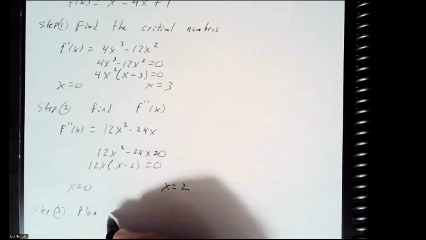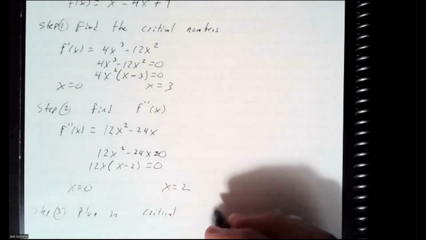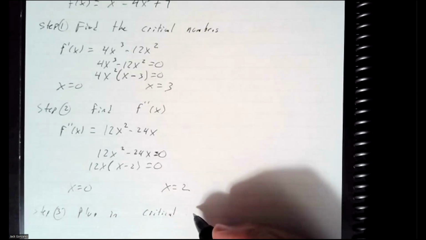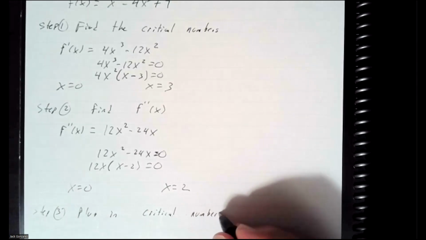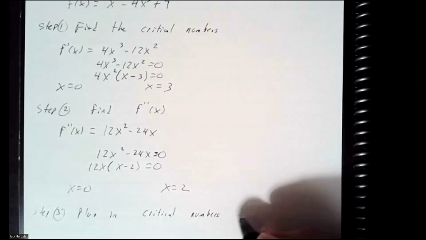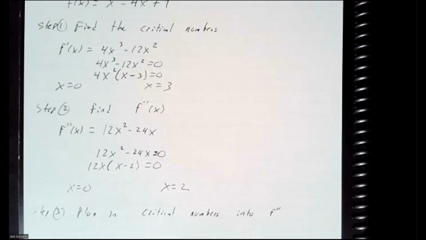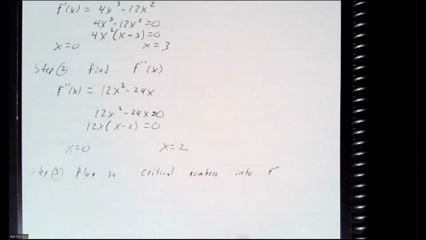They wanted max and min only, so all we really need to do is plug in critical numbers into f double prime. And depending on the sign, we'll know if it's max or min.